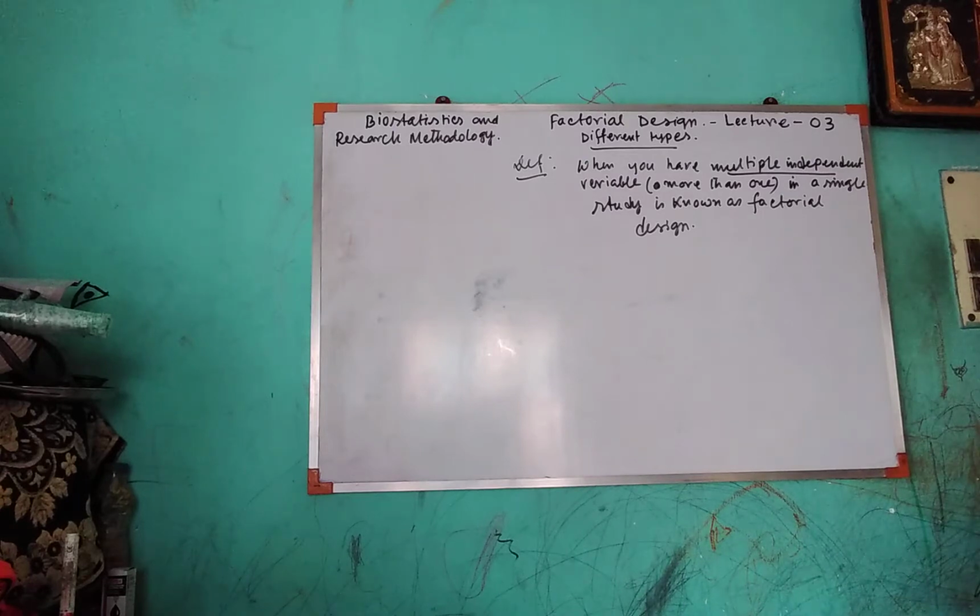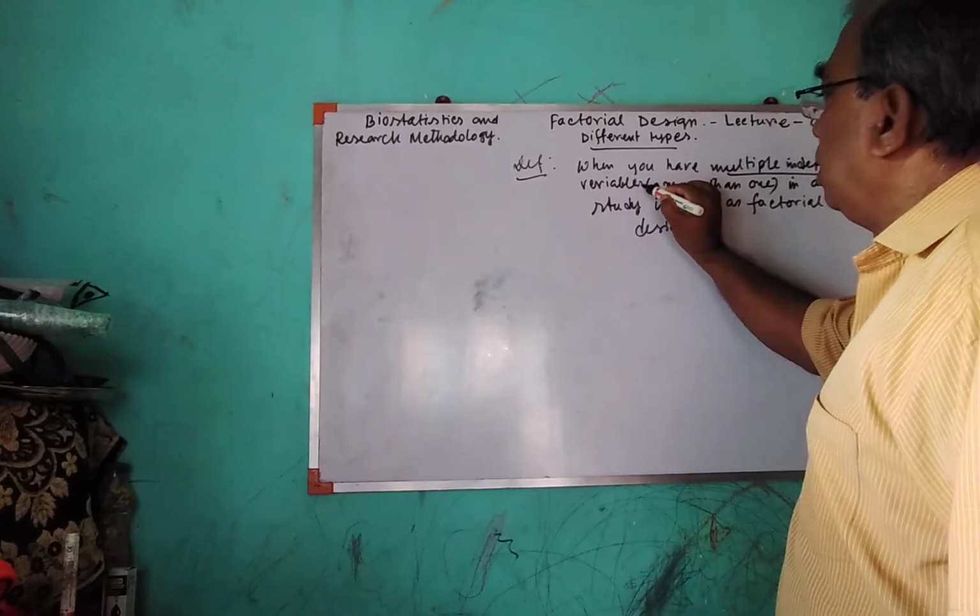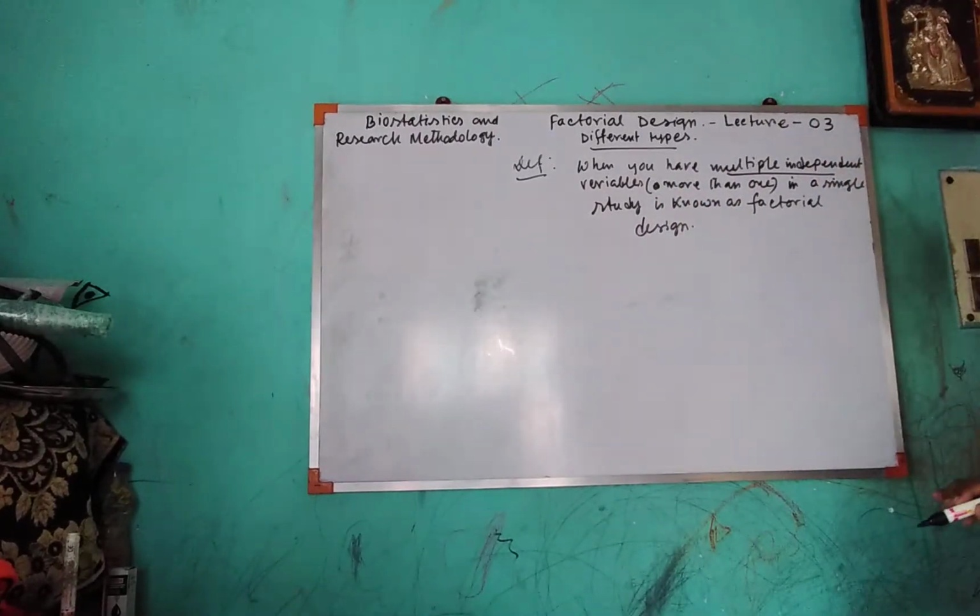When you have multiple independent variables, that is, more than one, in a single study, it is known as factorial design.